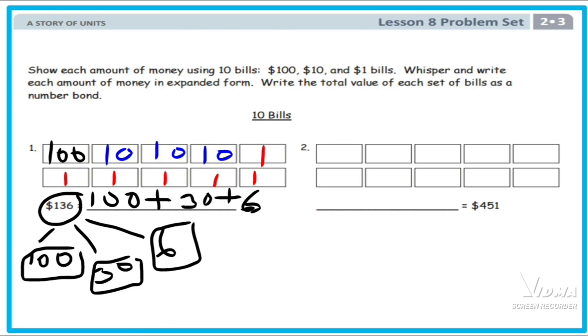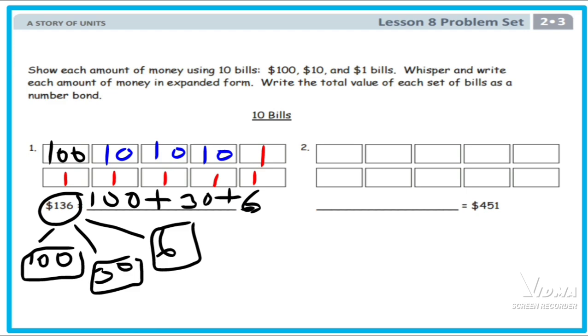The first number you're given is 136. That means you have a $100 bill, three $10 bills, and six $1 bills. I've solved that for you. So you see it, a $100 bill, three $10 bills, and six $1 bills. That is 100 plus 30 plus 6, 136.